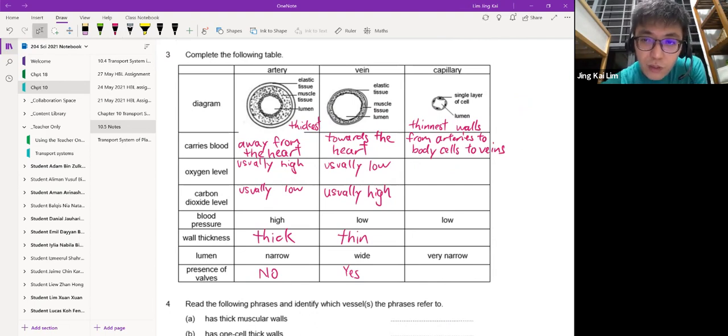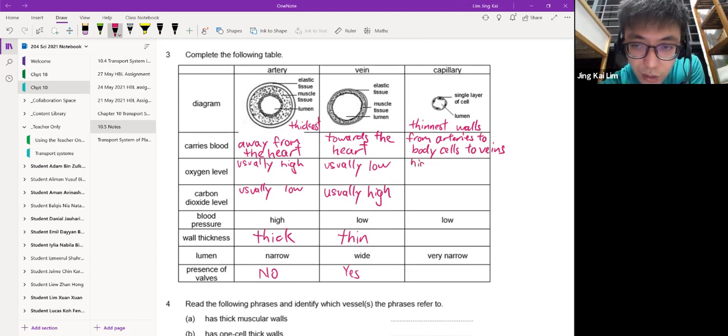For oxygen level, since capillary joins the artery and veins, it will be able to receive the oxygenated blood, yet at the same time it is also pushing the deoxygenated blood into the veins. So in terms of oxygen level, how will we classify them? The oxygenated blood will be nearer to the site of the capillary that is nearer to the arteries.